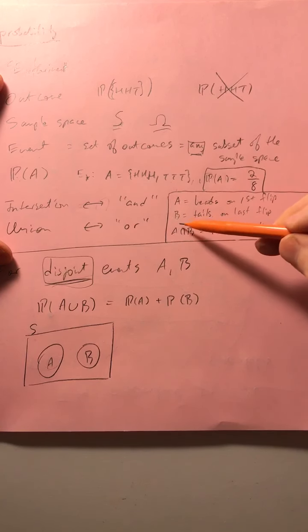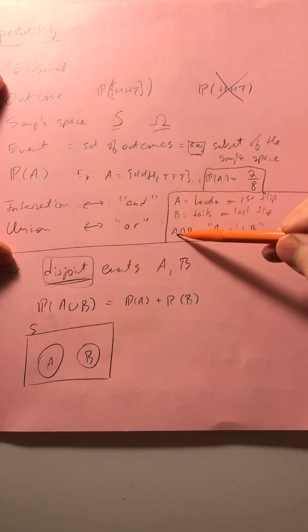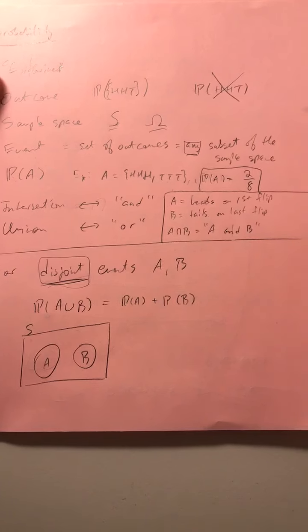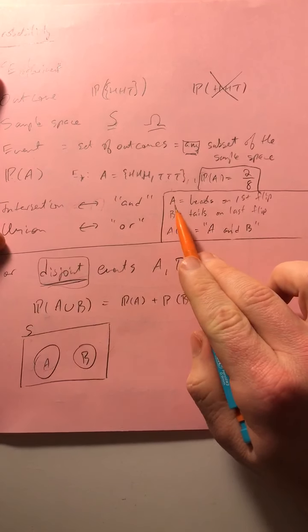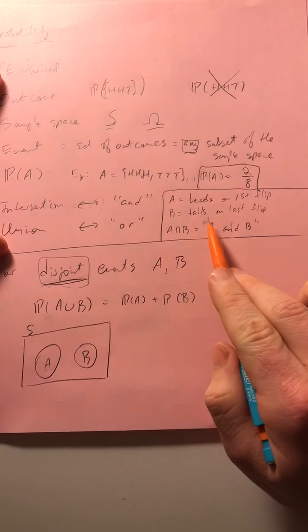So if I'm dealing with events using set notation, then intersection corresponds to and, when I'm dealing with events in the description in words. Similarly, A union B would be the set of all outcomes where I observe heads on the first flip or tails on the last flip.